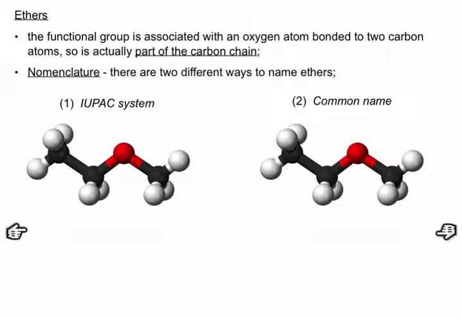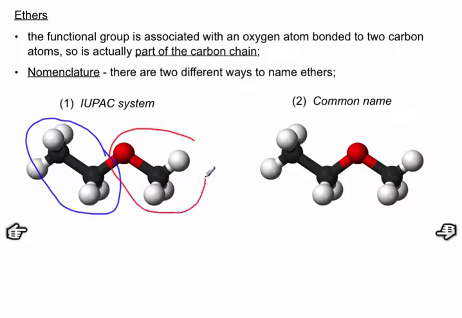The IUPAC system deals with a branch and an alkane. The alkane, not surprisingly, is the longest carbon chain that's attached to the oxygen. It always has to be attached to the oxygen. So that is an ethane, and this other bit is a branch that includes the oxygen.